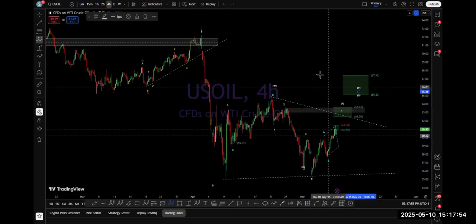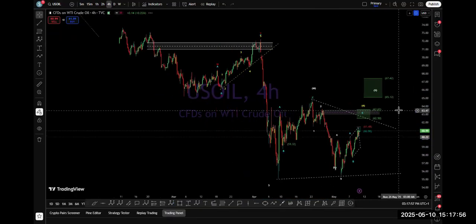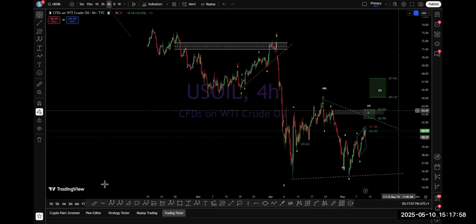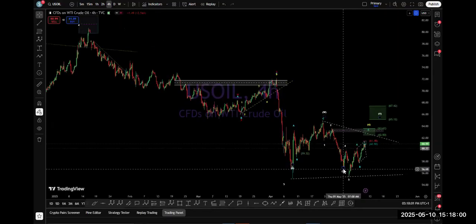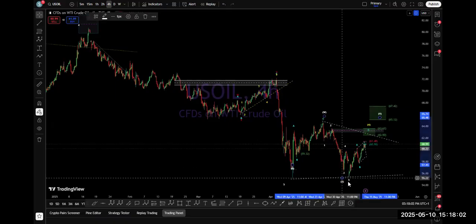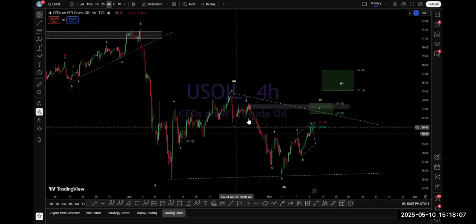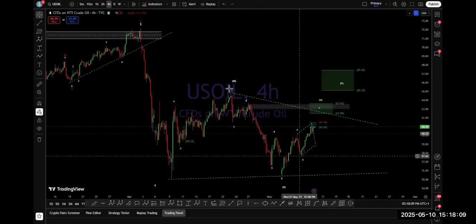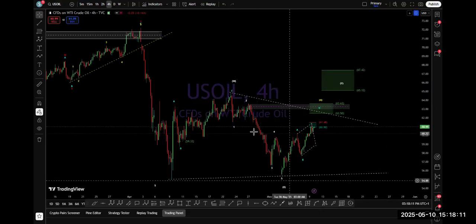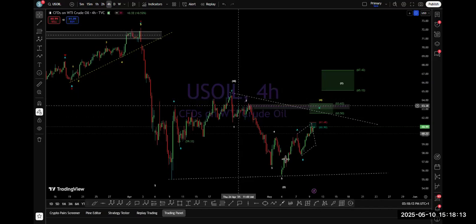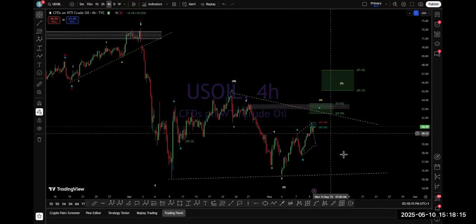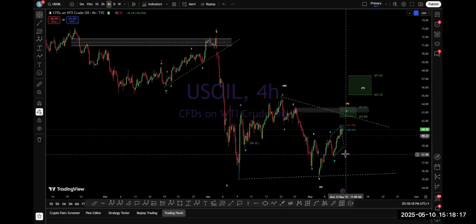So if it's what oil is trying to do, then it means that these 5 waves drop have been overtaken. Okay, but after this, the correction, it will begin to sell again.